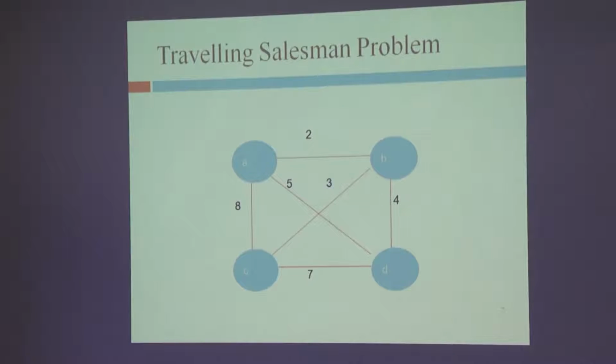It is nC2 for an undirected graph and nP2 for a directed graph. So this is an undirected graph. So it is 4C2. So 4C2 is 3 into 4 by 1 into 2, which is 6 edges.